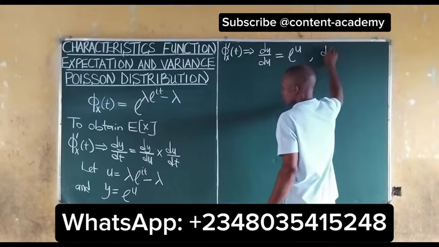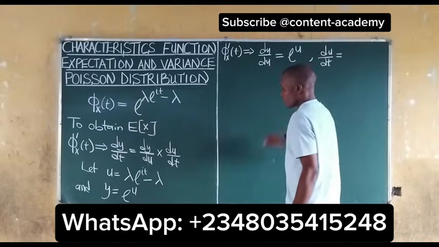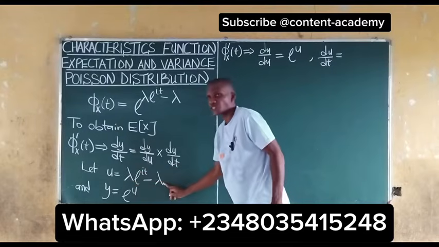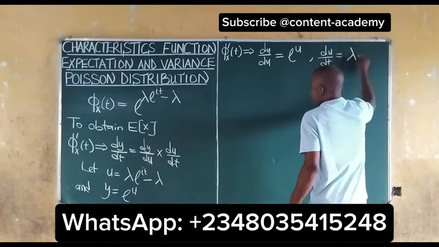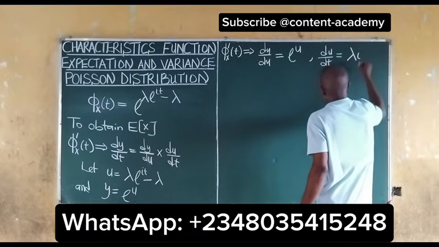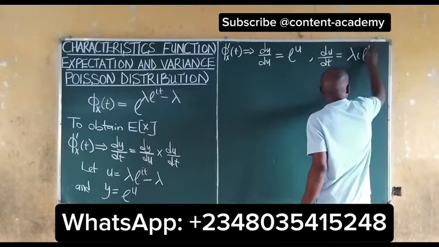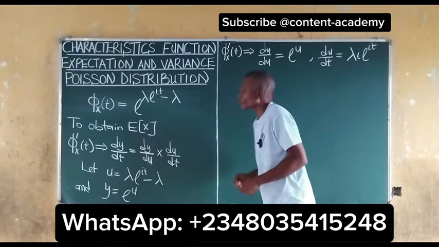Also, we differentiate du/dt. If we differentiate the whole of this, we get lambda times the imaginary unit times exponential it, because the constant term turns to 0.